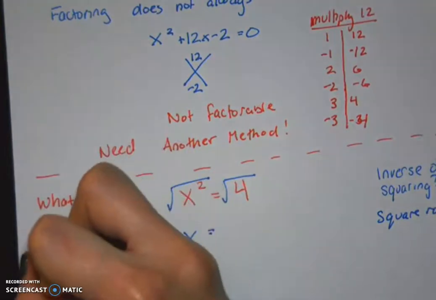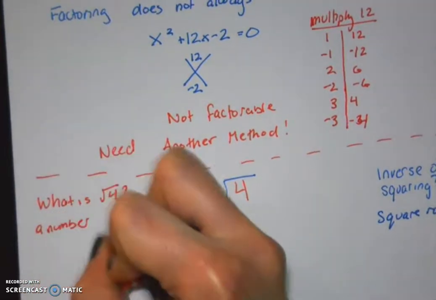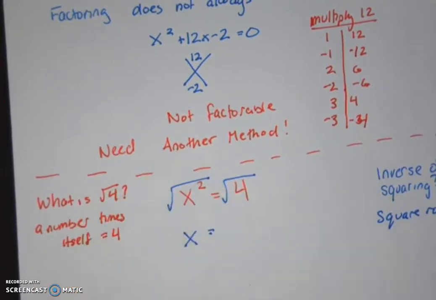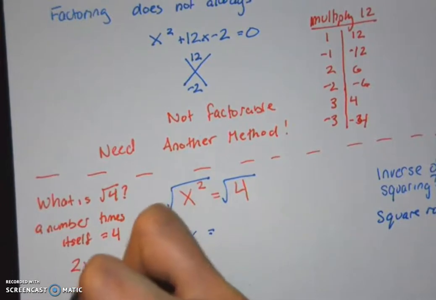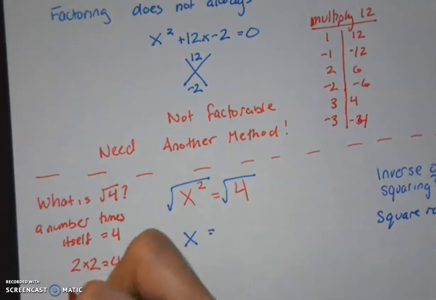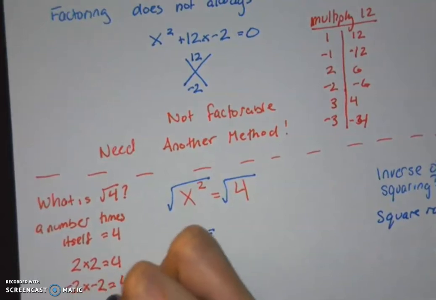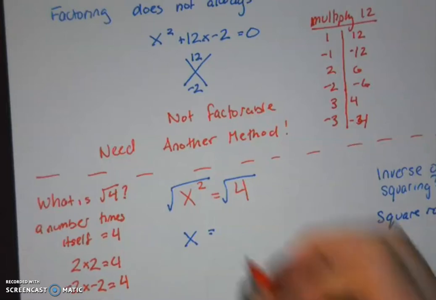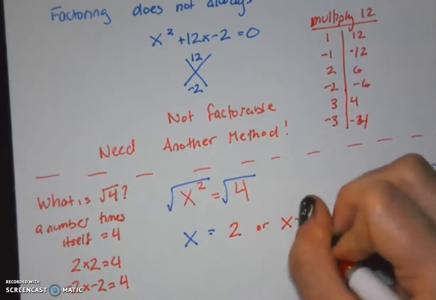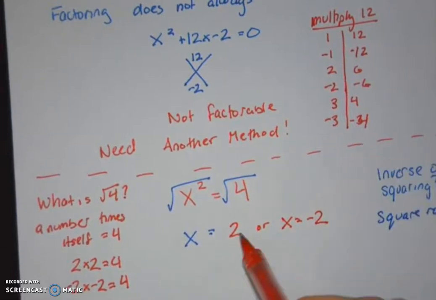We need a number times itself equals 4. Well, we know 2 times 2 equals 4, but there's also negative 2 times negative 2. So in this case, x is positive 2 or x is negative 2, because both of those, when I square them, will in fact give me 4.